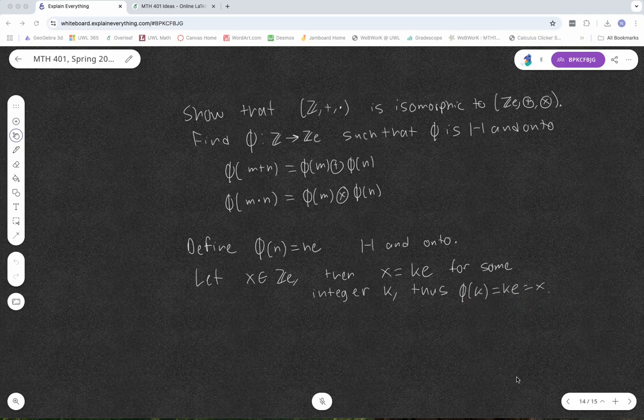So there we're onto. And then 1-to-1, assume phi of m equals phi of n, then me equals ne.